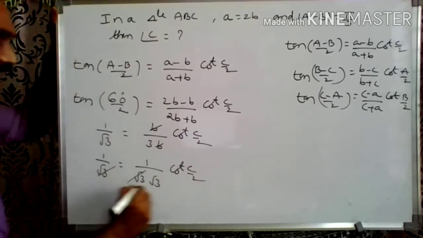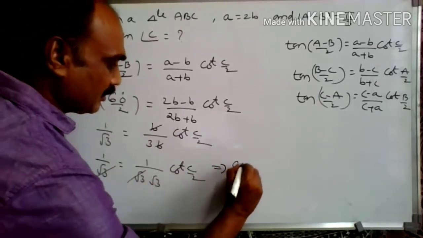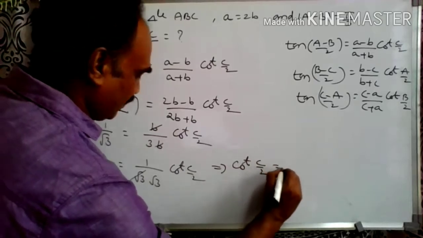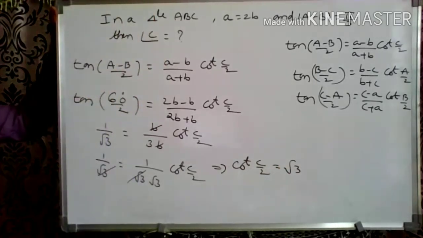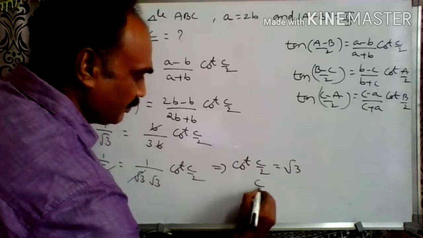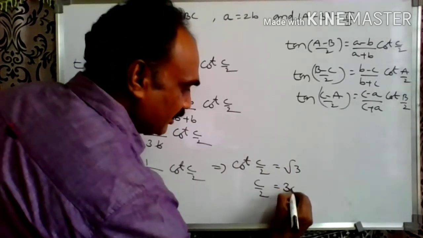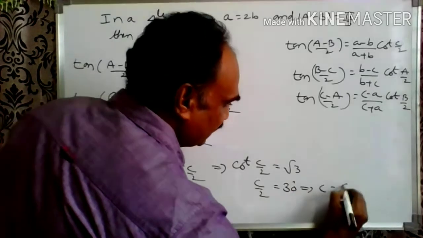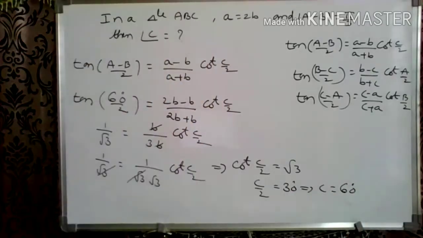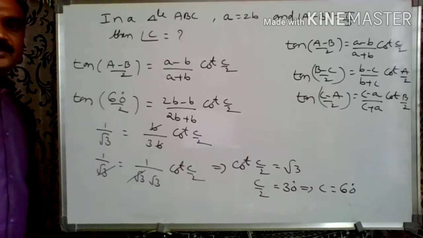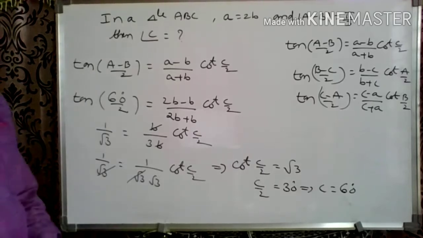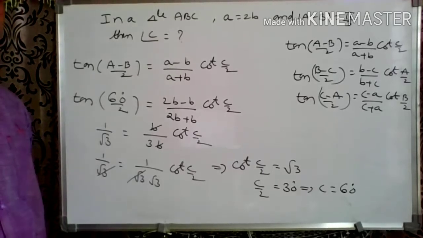So cot C by 2 is equal to root 3. So C by 2 is equal to 30 degrees, which implies C is equal to 60 degrees.